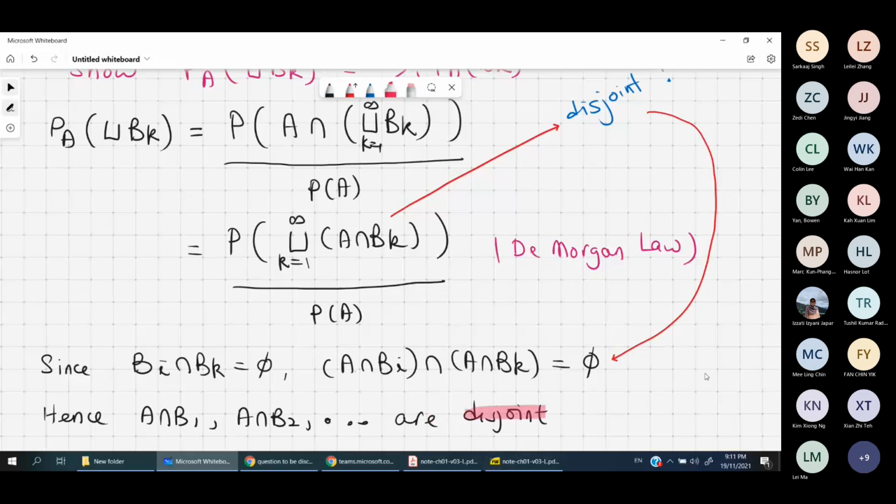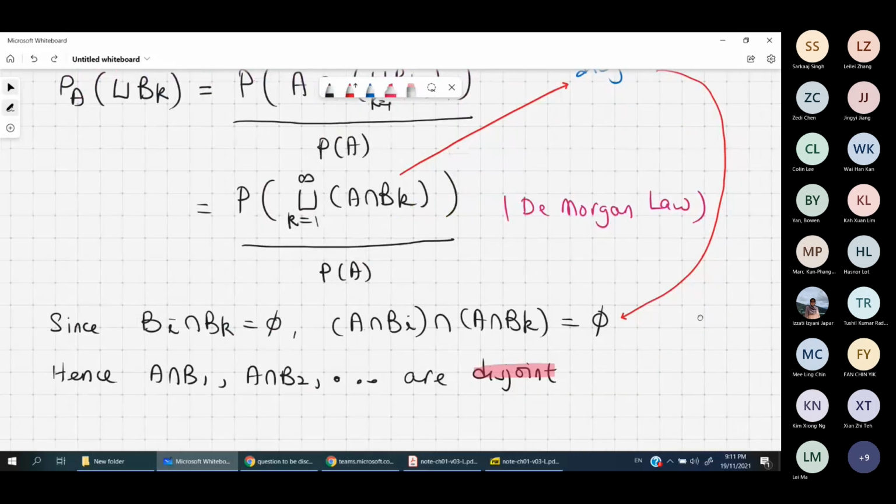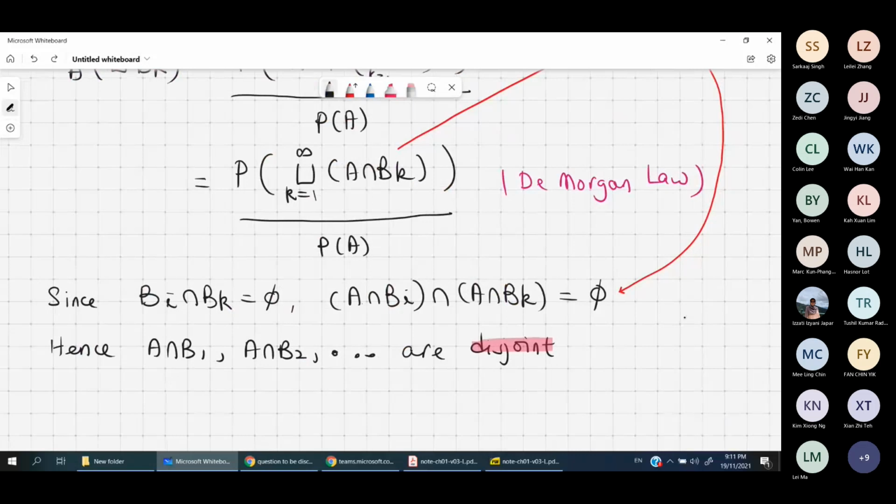So when this is disjoint, this can be written in this form. So then we can see P of A of this.